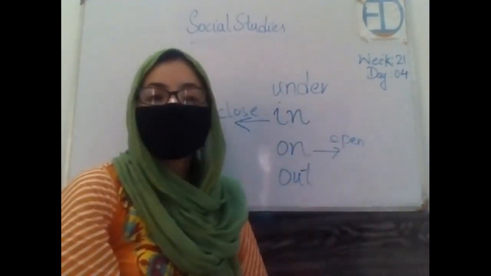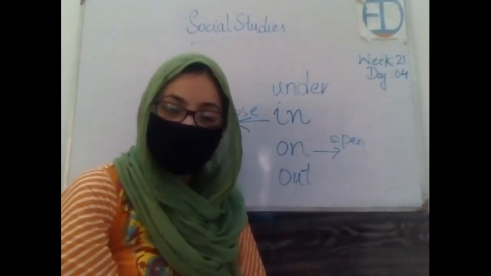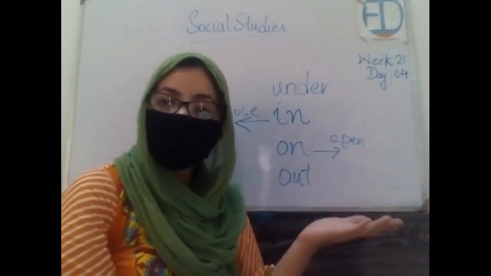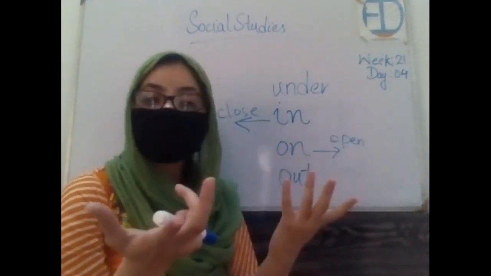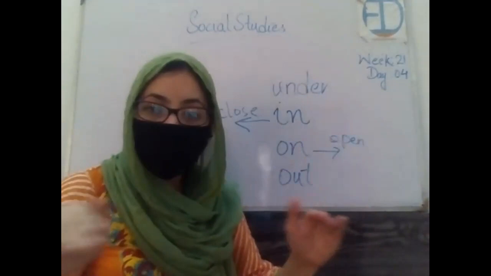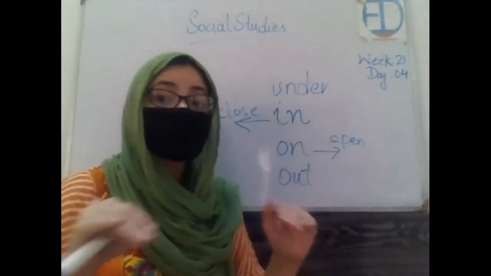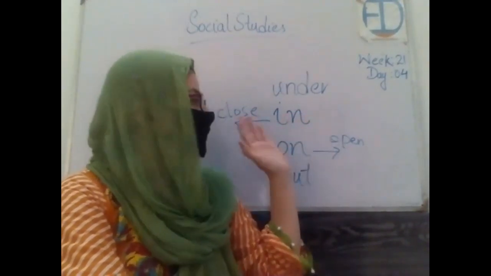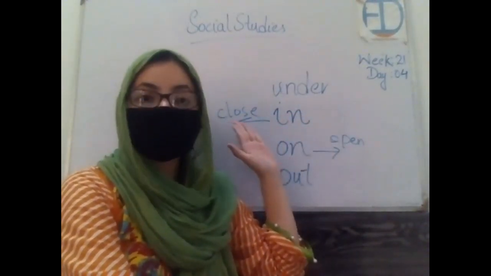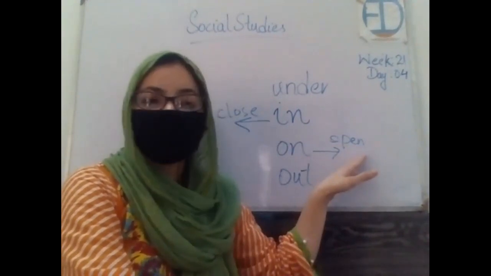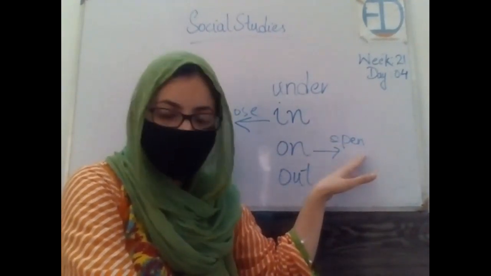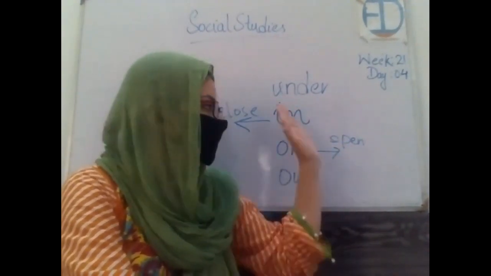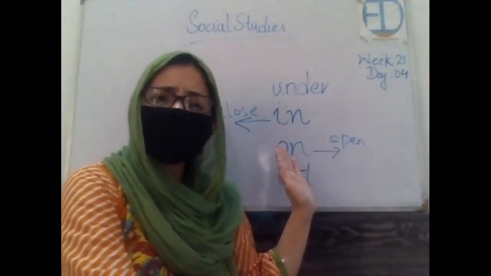Let's say he is riding on the horse. He is sitting on the chair. Now, the chair is also open, the horse is also open, but the car is closed from all sides. The box is also closed from all sides, right? So this is the difference between in and on. In tells us about something which is closed, and on tells us about something which is open, right? So this is the major difference, but they are very close prepositions.